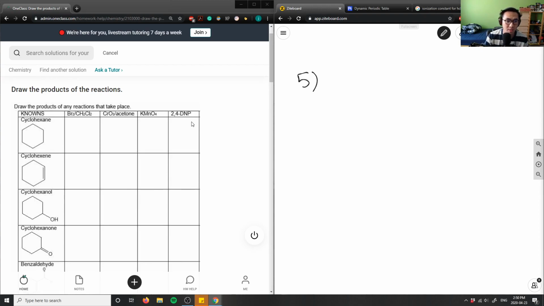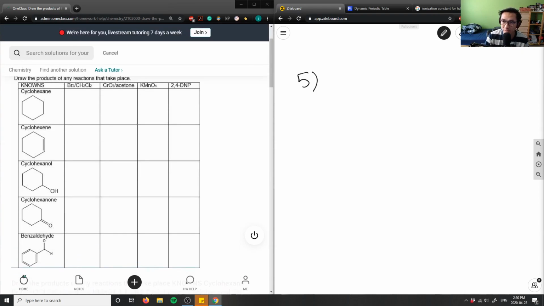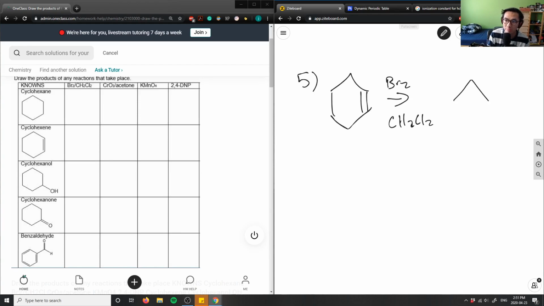So in this case, cyclohexane does not react with anything. That's fine. But cyclohexene, it does. Cyclohexene with Br2 in CH2Cl2 gives a bromination reaction, adding across the double bond, so I get Br and Br here.